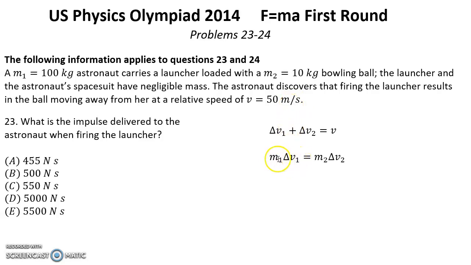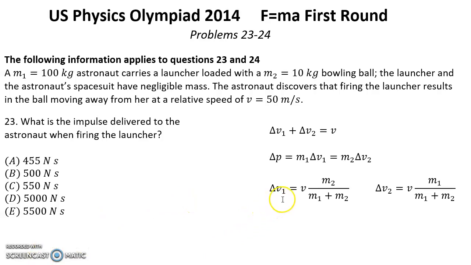And also we have m1 delta V1 equal m2 delta V2, which is momentum conservation. And from these two equations we can find what is delta V1 and what is delta V2.